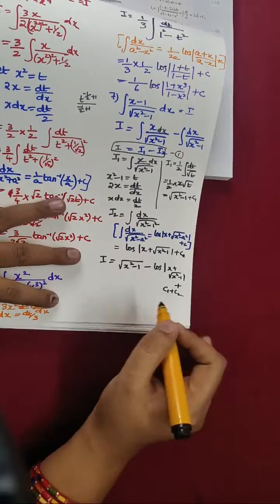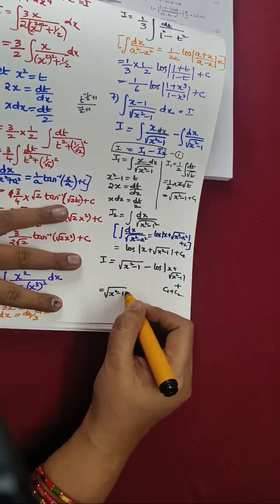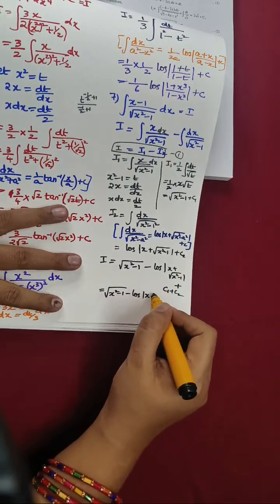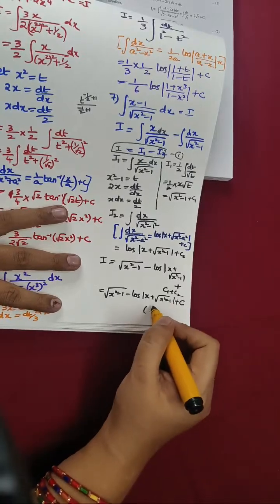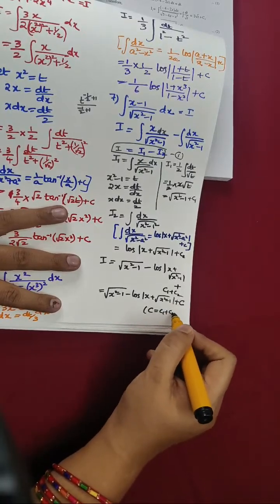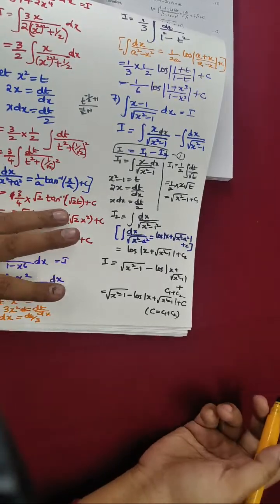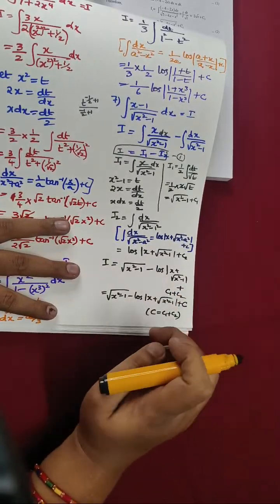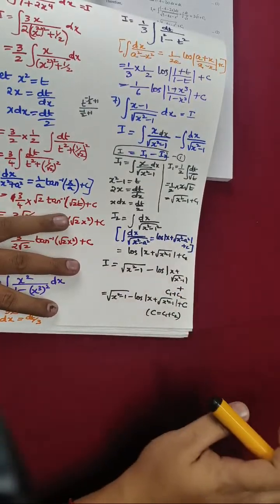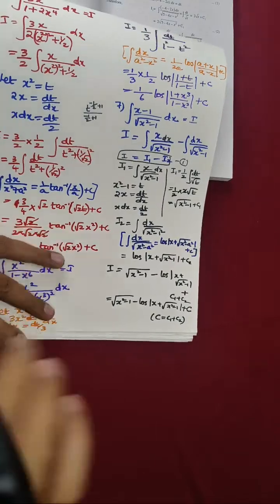As a whole, you can replace C1 plus C2 as capital C. So root of x square minus 1 minus log of x plus root of x square minus 1 plus capital C, where capital C is C1 plus C2, or we are rewriting that C1 plus C2 as C. In place of C1 plus C2, you are substituting a whole variable as capital C. Is it clear? Any doubt?